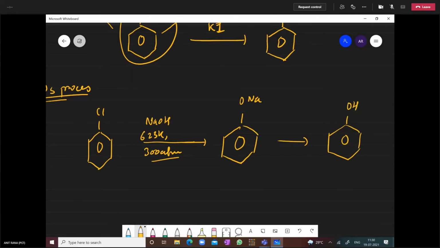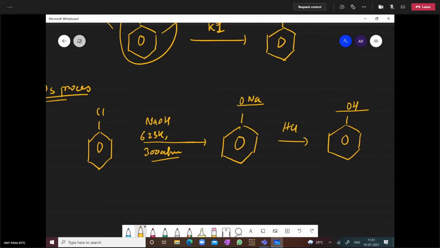Now how do you convert the salt into an OH group? How do you remove the sodium from there? So hydrolysis, simply with dilute hydrochloric acid. Now suppose in the examination you're confused whether it is dilute or concentrated. Clear? If you don't know, just write HCl.